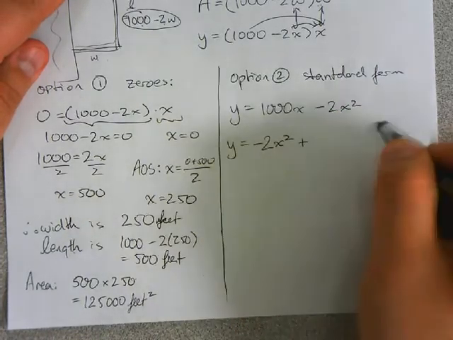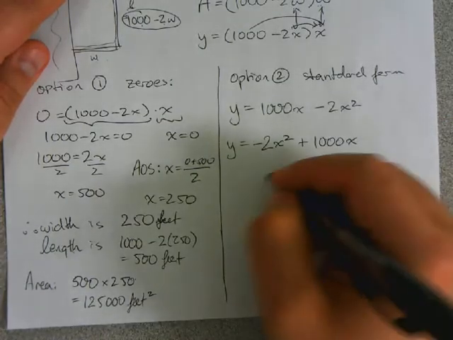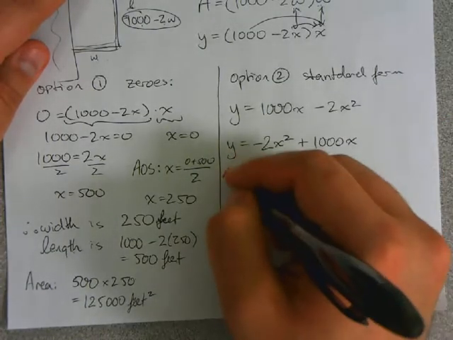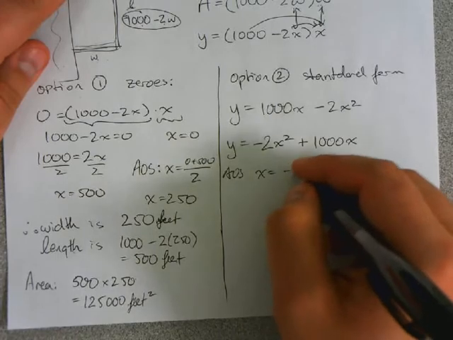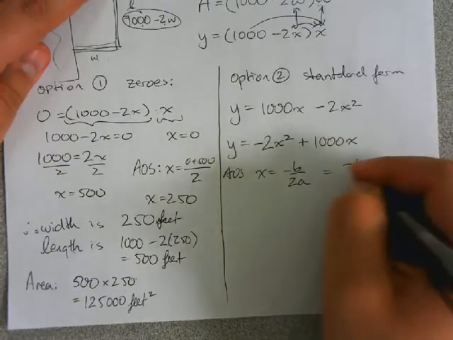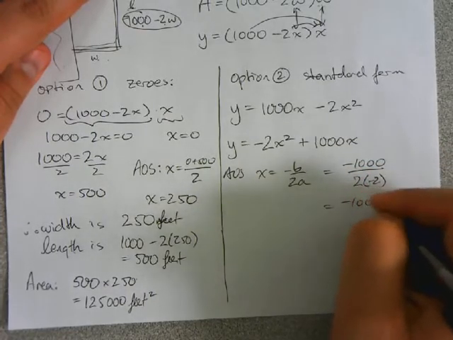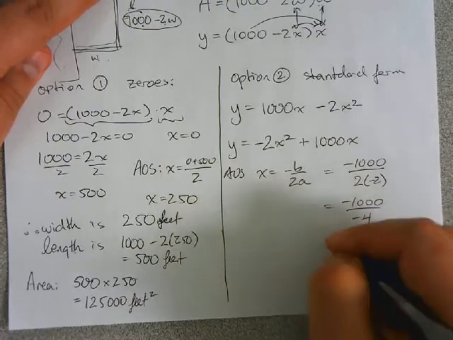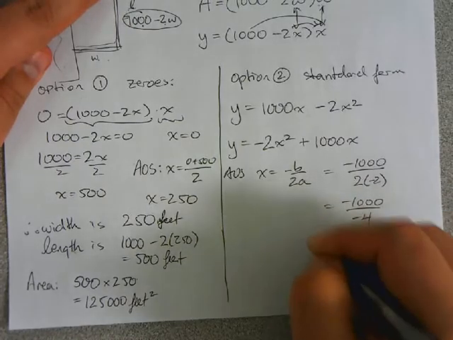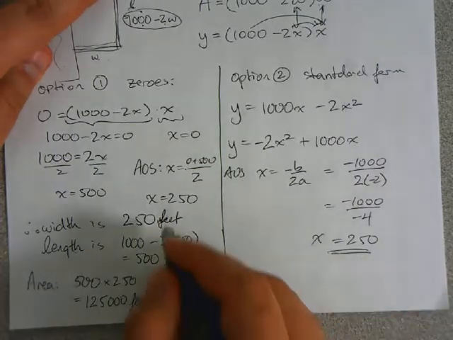So negative 2x squared plus 1000x. So the axis of symmetry says x is negative b over 2a, which is negative 1000 over 2a, so negative 1000 over negative 4, which is 250. So x is 250.